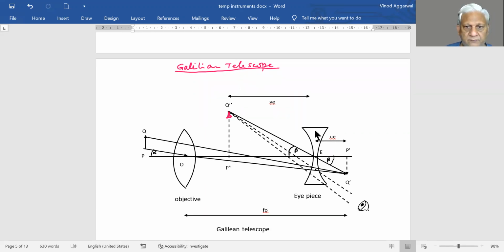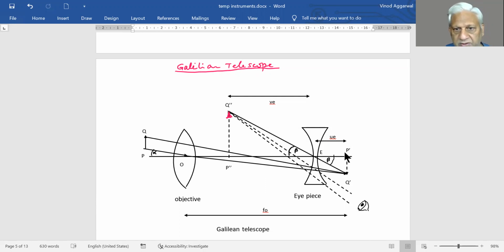This is our objective. This is our eyepiece through which we see. PQ is the size of the object. The parallel rays come from infinity, and obviously they are going to focus on the focal point of this particular lens.